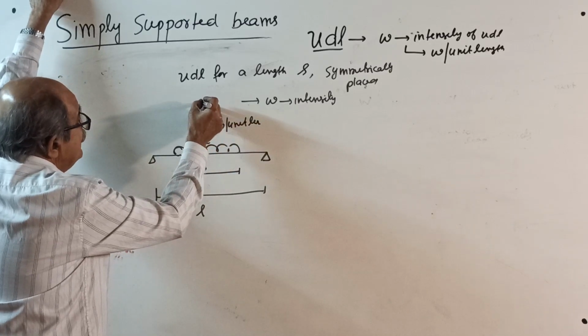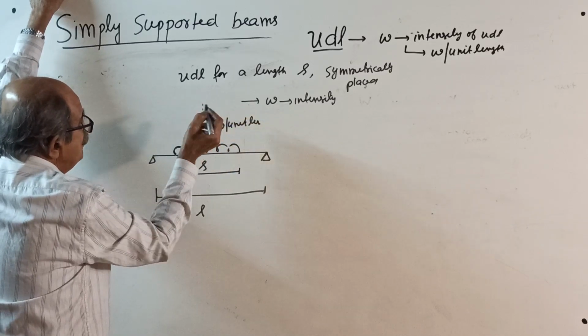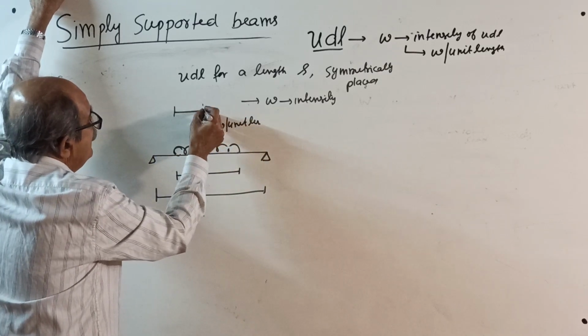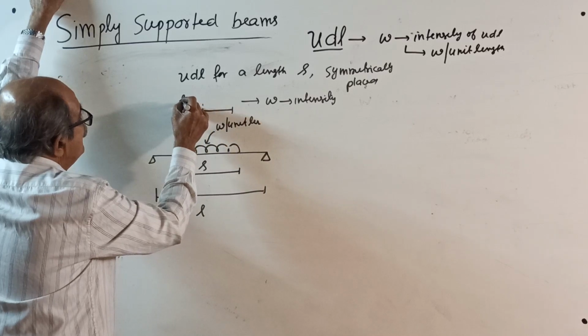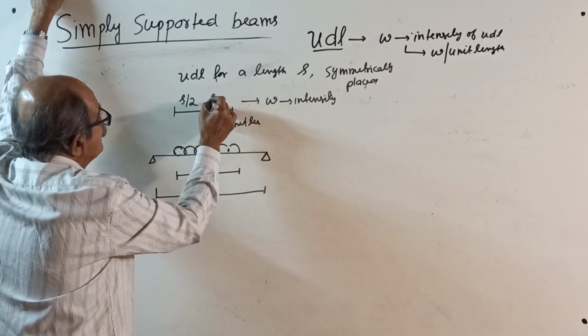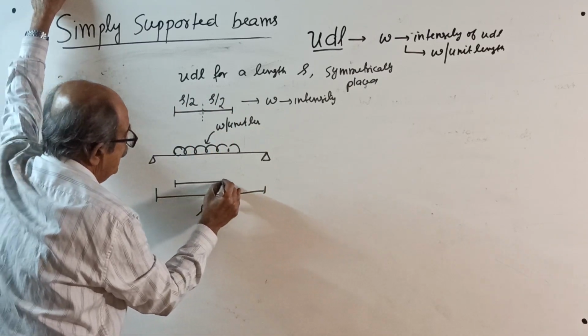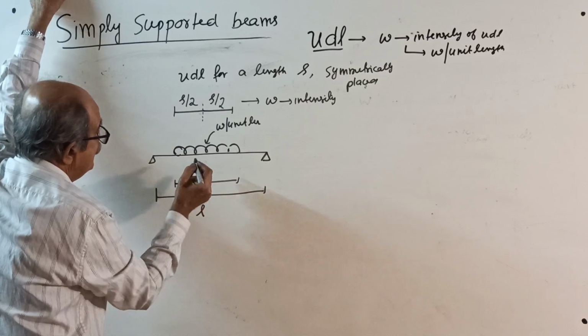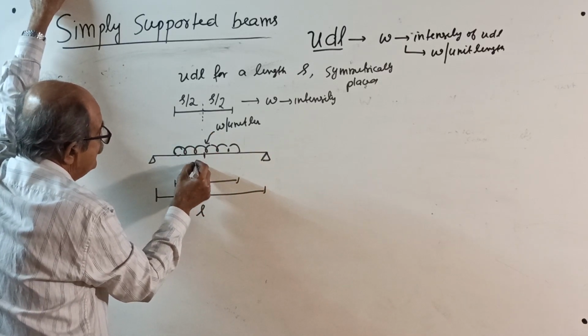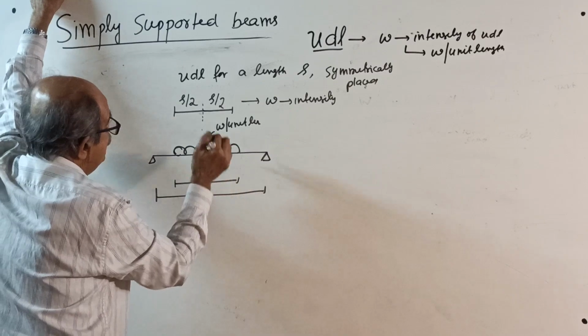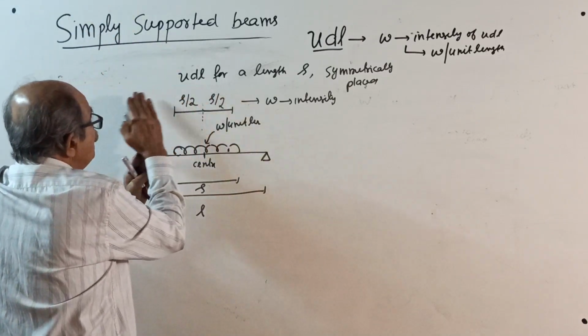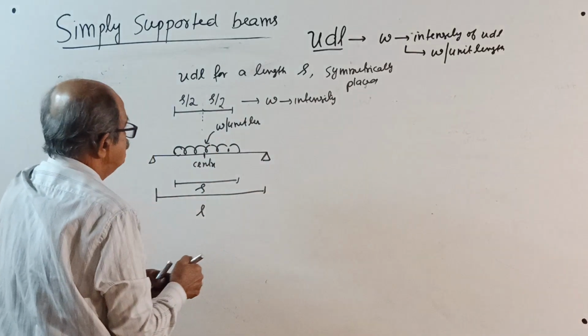See what happens is the center of the load, S by 2 this side and S by 2 this side. S by 2 here and S by 2 here. See, loaded length is S. Yes, this is exactly center. See, symmetrical. How much load this side, that much load that side.